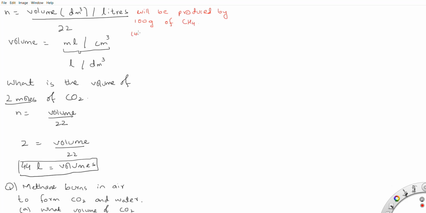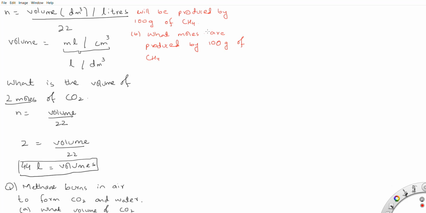Part B may say what moles are produced by 100 grams of methane.